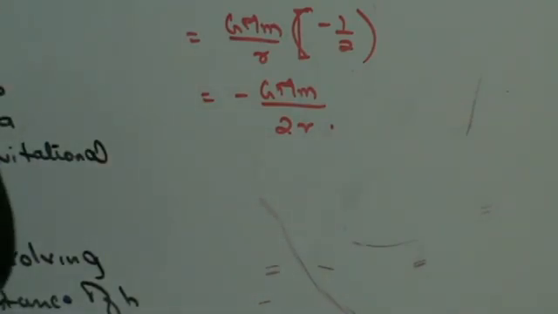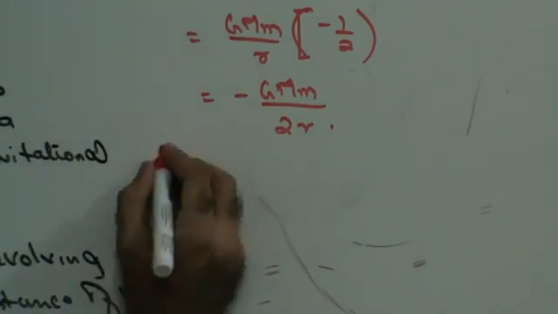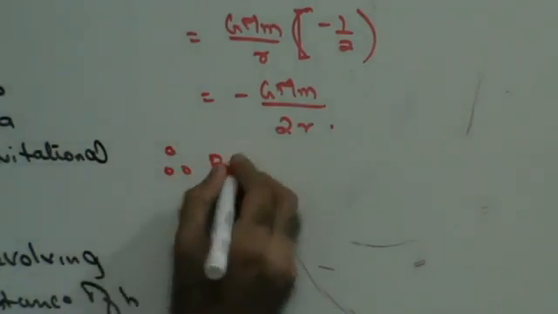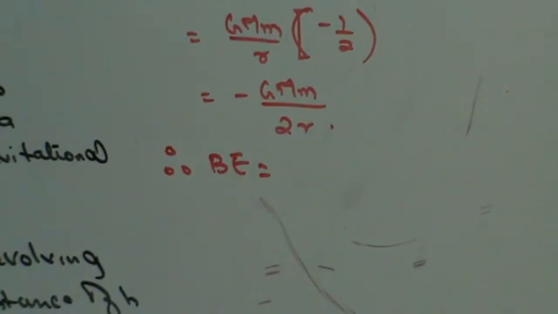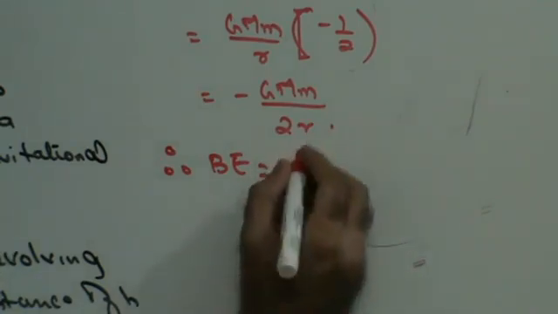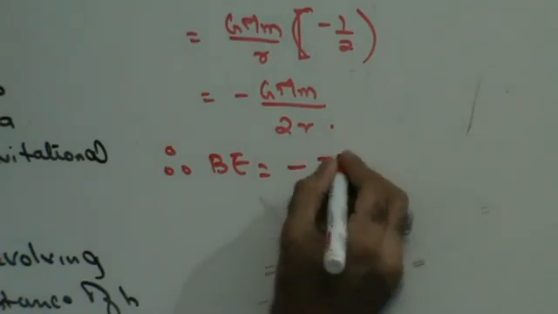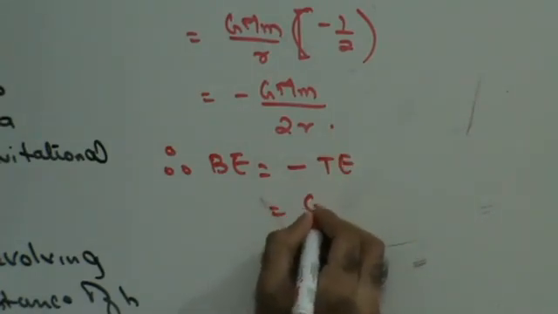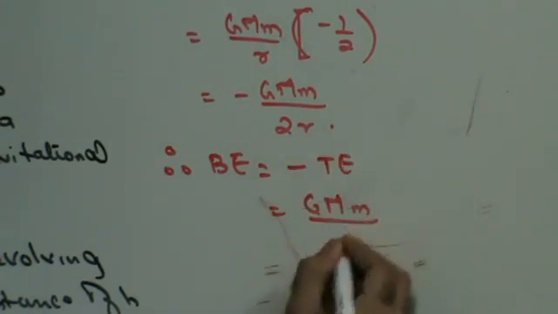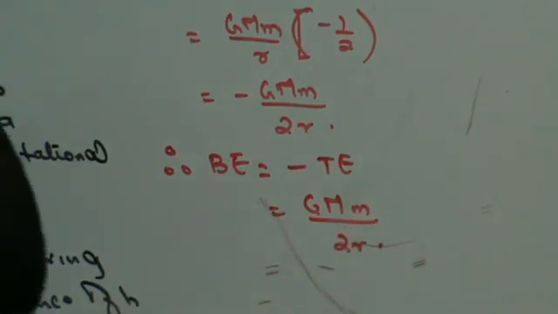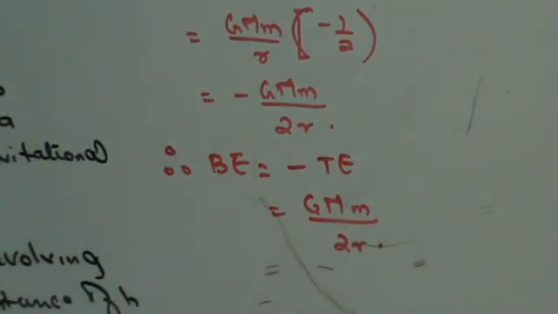So that means if I supply it with an energy in a direction opposite to this of equal magnitude, the satellite will be able to escape the gravitational field of the earth. So I can say binding energy is negative total energy. So that is going to be nothing but GMm upon 2r. So the binding energy possessed by the satellite is GMm upon 2r.